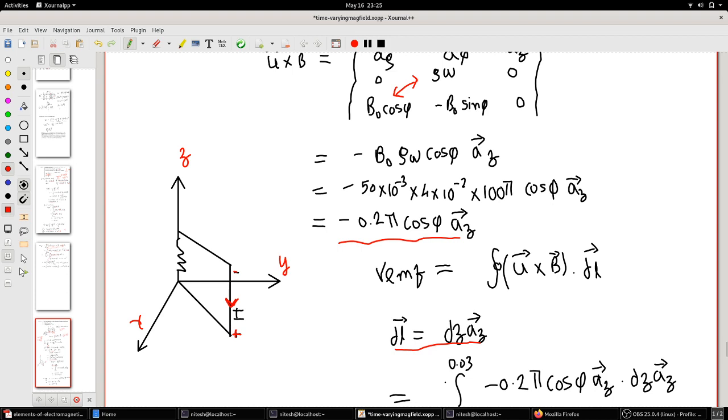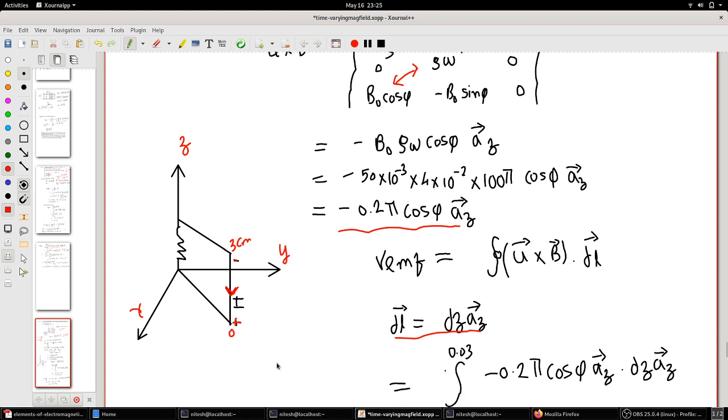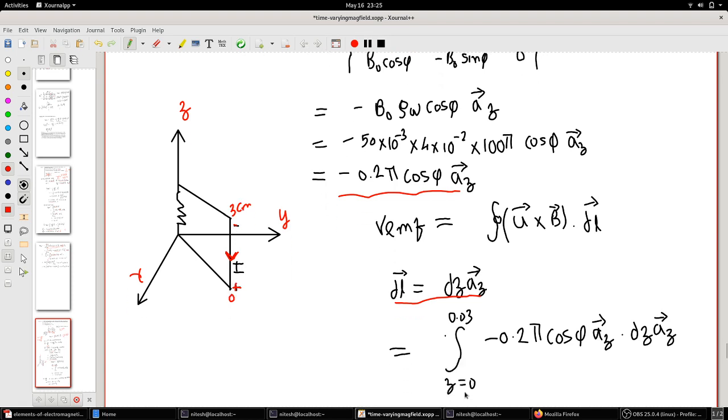So the limits of my integration will be Z equal to 0 to 3 centimeters. It's not along I, it's opposite. Then this is my U cross B and this is DL.